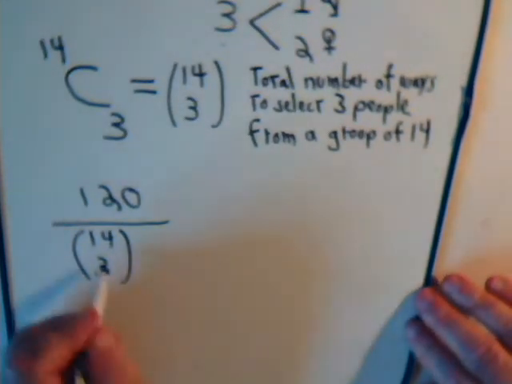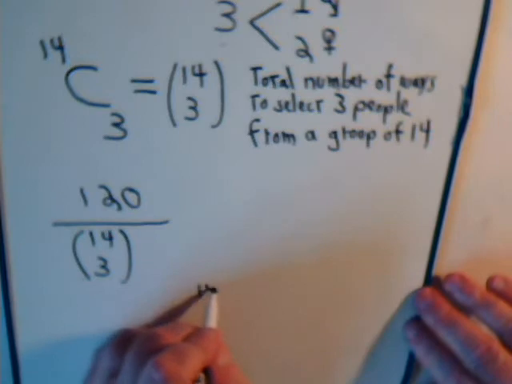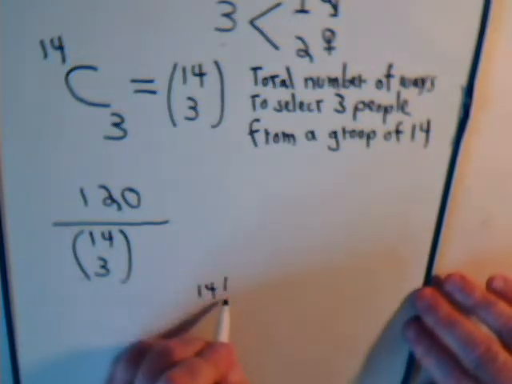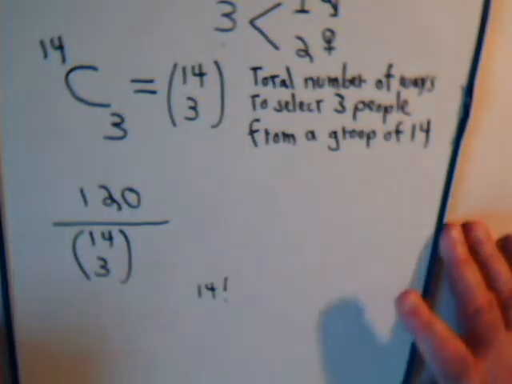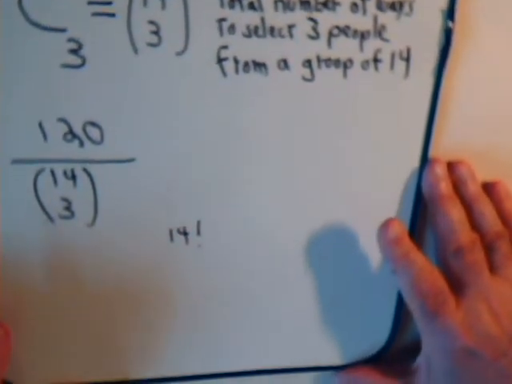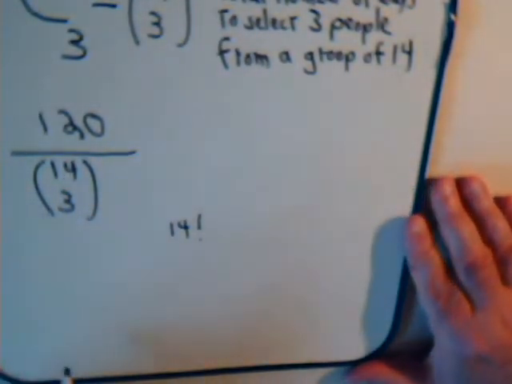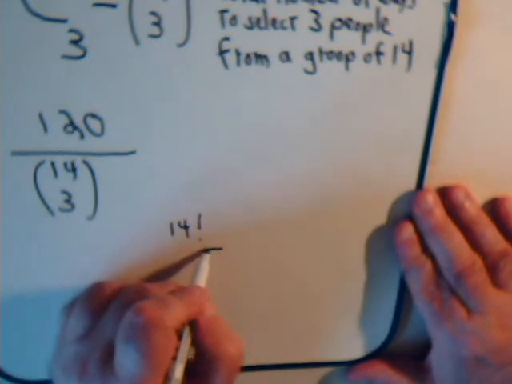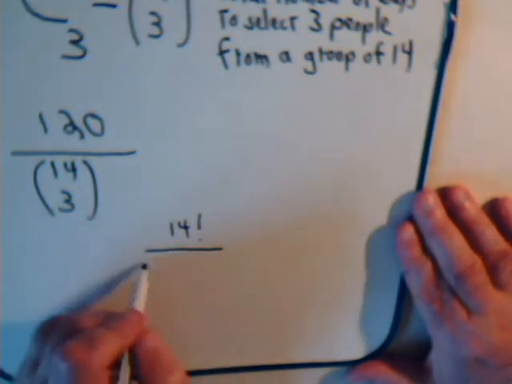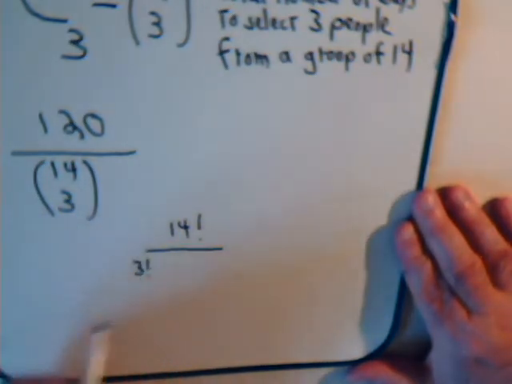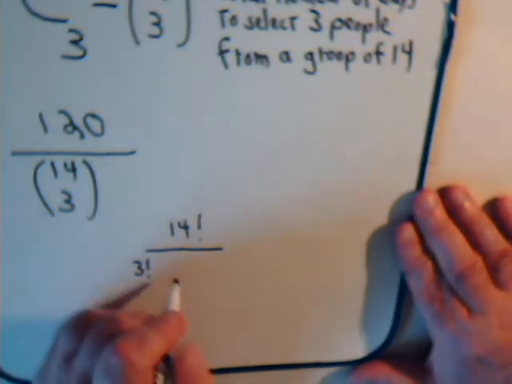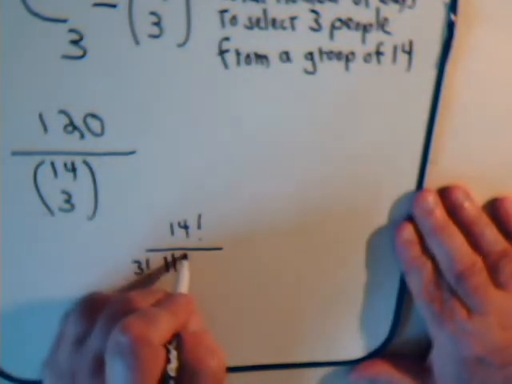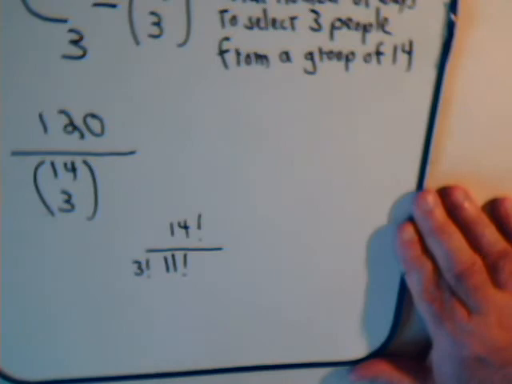Here we have 14 factorial divided by 3 factorial times 14 minus 3, which is 11, factorial.